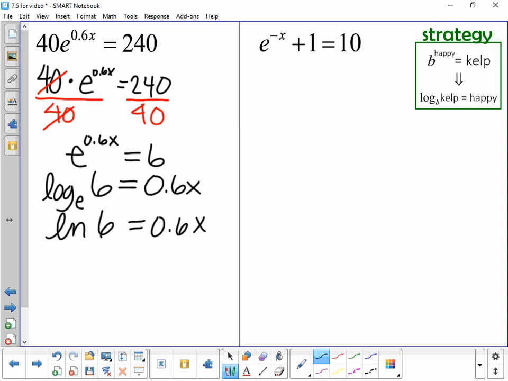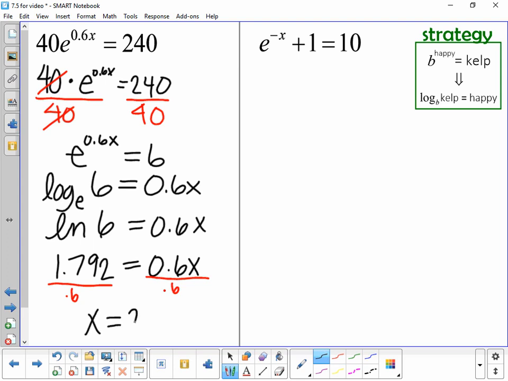The natural log of 6 is, my calculator tells me, about 1.792. That's equal to 0.6x. So if I want to solve for x, I just need to divide by 0.6. So we come up with the solution that x is equal to 2.986.